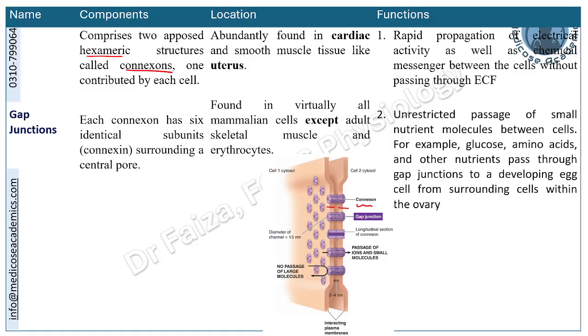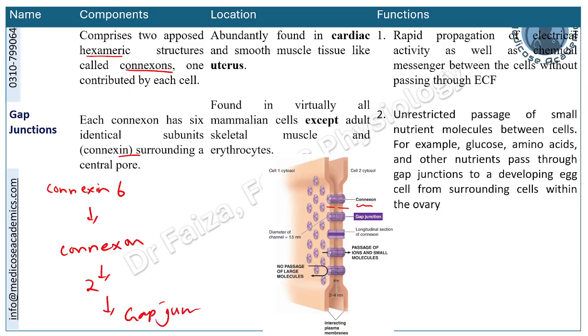When combined, they form one gap junction. Each connexon has 6 identical subunits called connexins. So 6 connexins will join to form one connexon, and 2 connexons will join to form one gap junction.